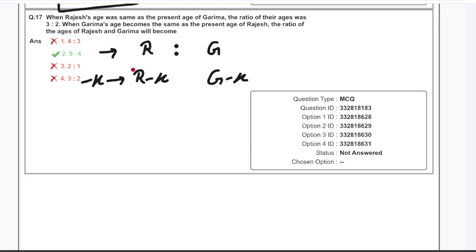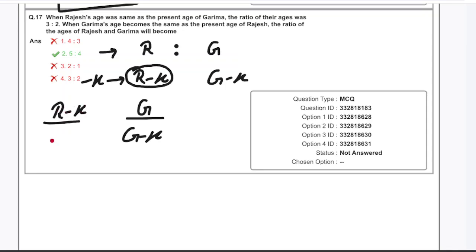Now they are saying this is the age of Garima, when Rajesh's age was the same as the present age of Garima. So R minus X equals G, which I am taking. Now the ratio was 3 is to 2. To make it simpler, I write (R minus X) upon (G minus X), which is equal to, with the numerator replaced by G, 3 by 2.